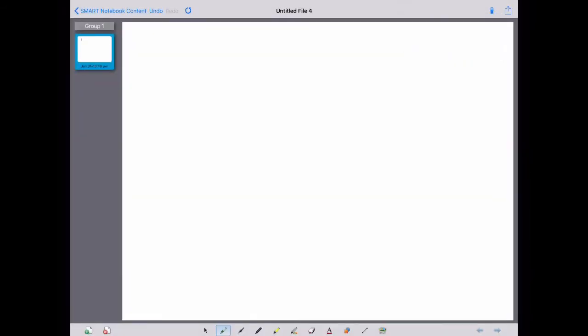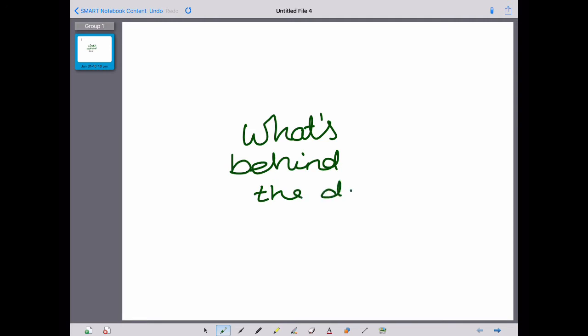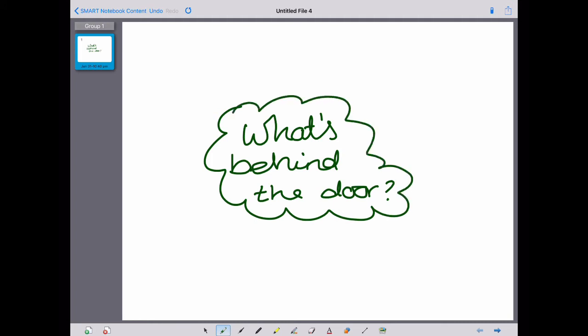Okay, so we're thinking about what's behind the door. And this is how I would start your planning stage. So just mind map. What do you think is going to be there?